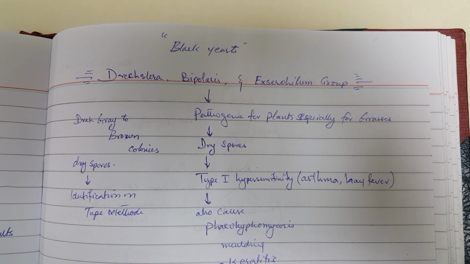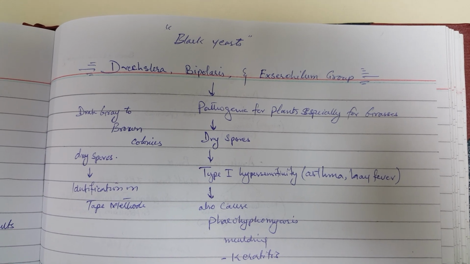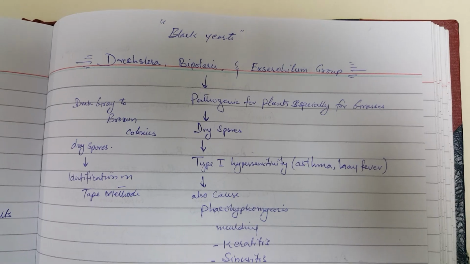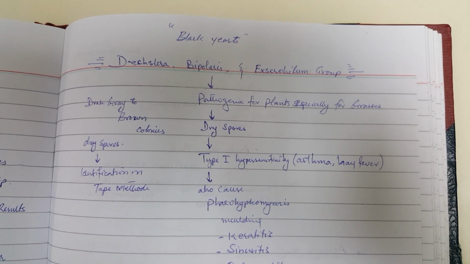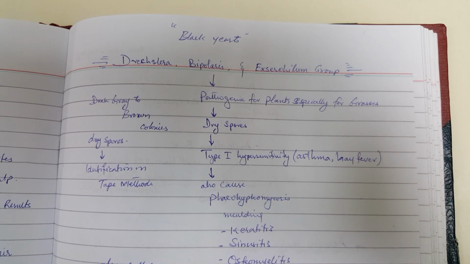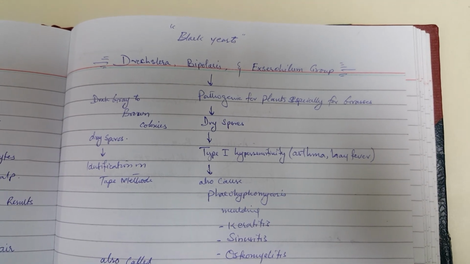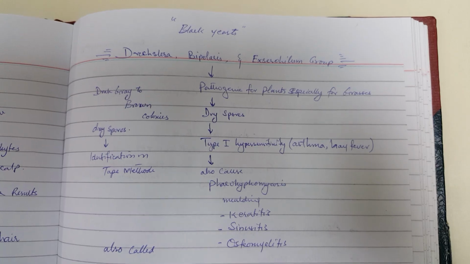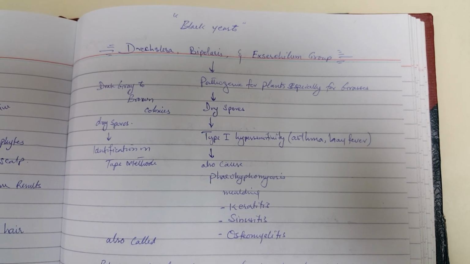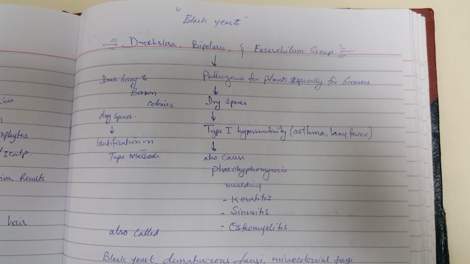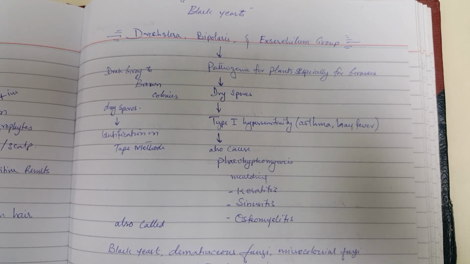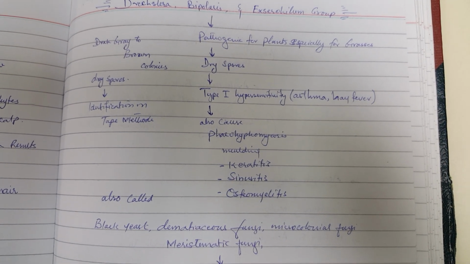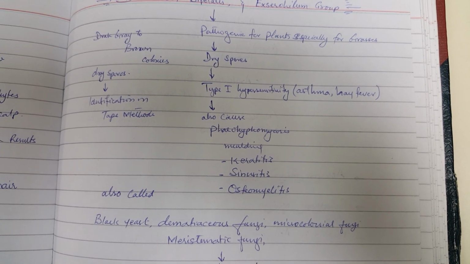Black yeasts: the Drechslera, Bipolaris, and Exserohilum groups are also called black yeasts because they are very pathogenic and very slow growing organisms, especially pathogens of plants, especially grasses. They have dry spores. They cause type 1 hypersensitivity, asthma, and high fever, and also cause phaeohyphomycosis, including keratitis, sinusitis, and osteomyelitis.